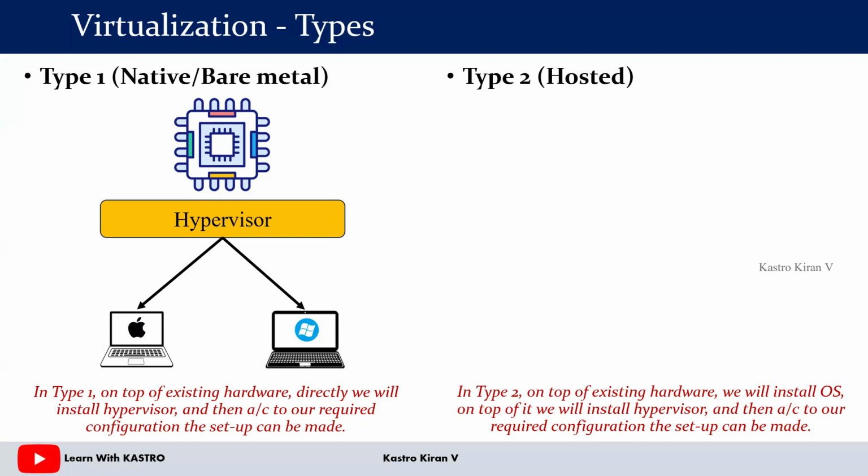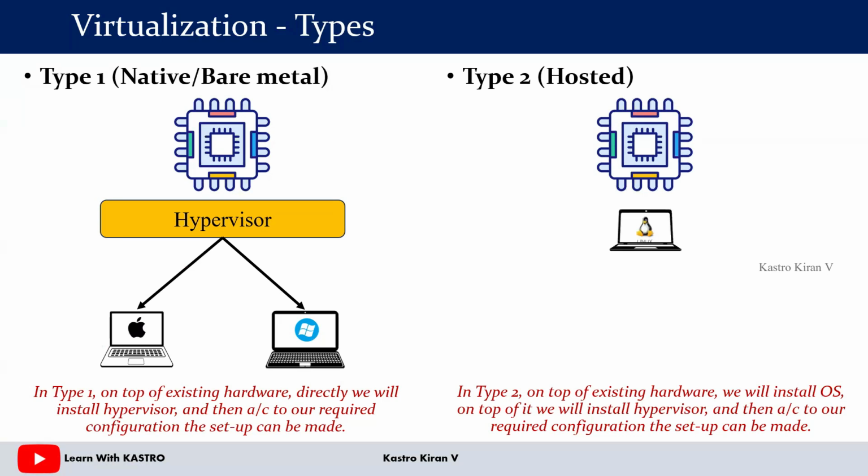So what actually happens in type 2? I have the existing hardware components. Let's say I have 64 GB RAM, 1 TB hard disk, some processor, some kind of CPU. All these are the hardware components. Now, in type 2, on top of the hardware components, I am not going to install the hypervisor directly. Instead, I will install an operating system. Let's say I install a Linux-based operating system on top of my physical machine.